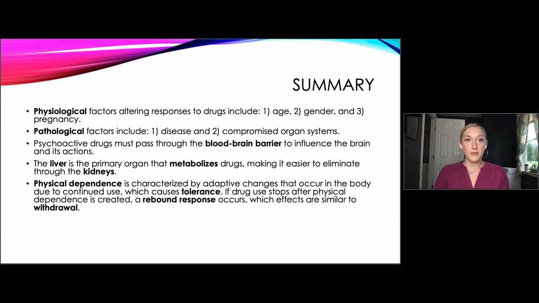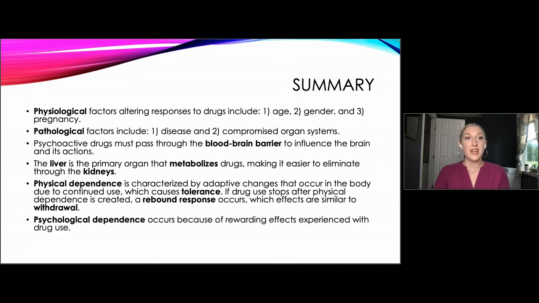If drug use stops after physical dependence is created, a rebound response occurs, with effects similar to those of withdrawal. Psychological dependence occurs because of the rewarding effects that are experienced with the drug use. And cravings are arguably the number one cause of drug dependence, drug abuse, and relapse.